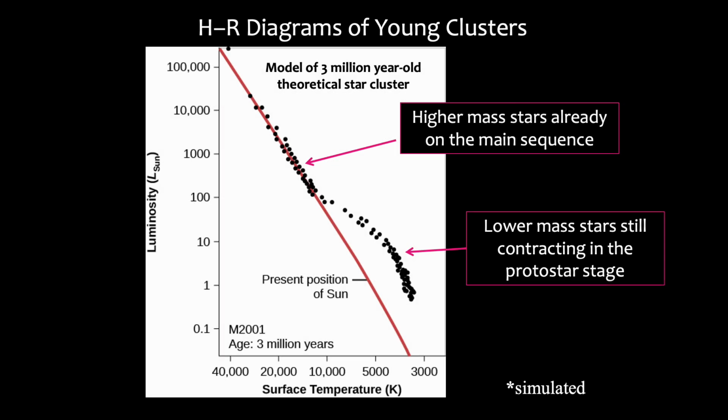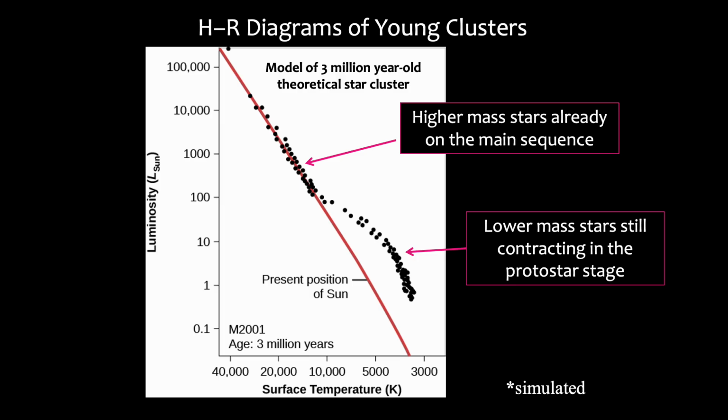This is a simulation study of a young cluster about 3 million years old, plotted on an HR diagram. There are people doing these hydrodynamical simulations, basically using computer codes to do modeling studies of stellar evolution.